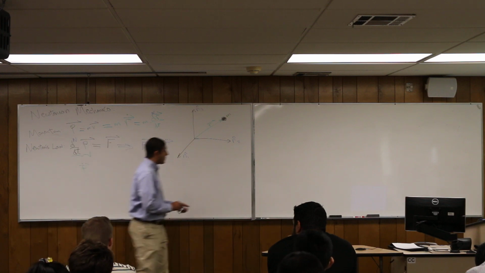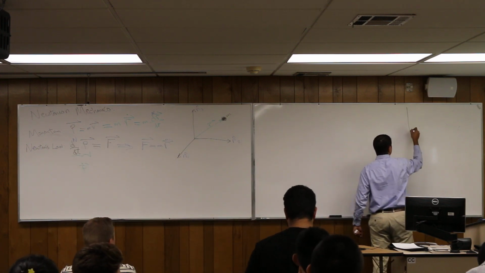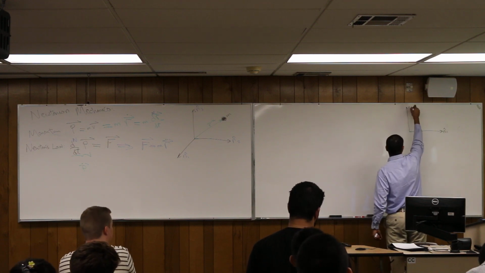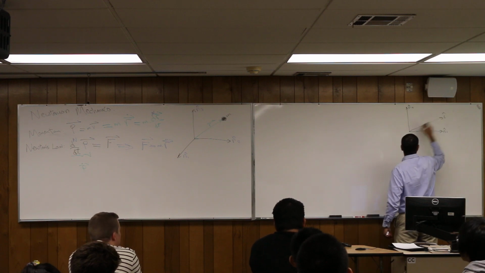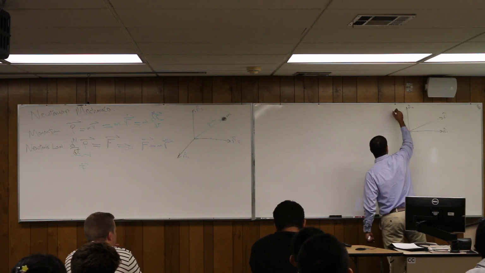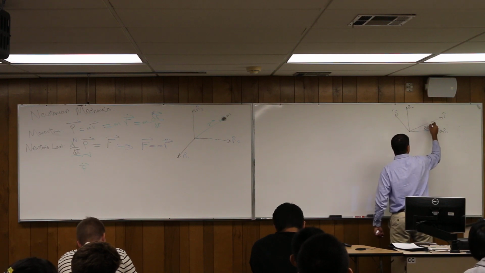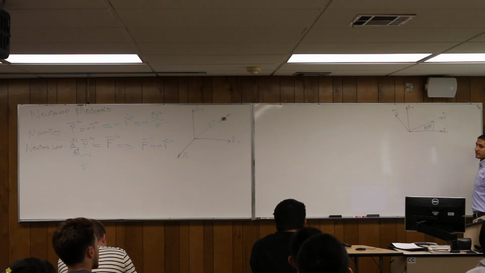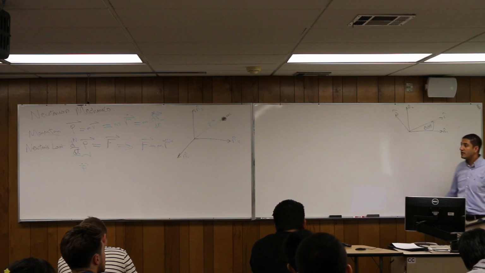So, for example, here is an inertial frame N1, N2, and I have a rotating frame i, j that at this instant is making an angle theta, but this theta is a function of time, so it's a rotating frame.